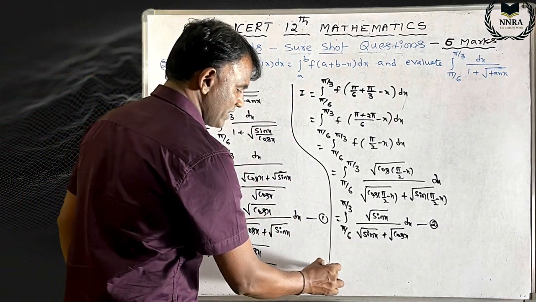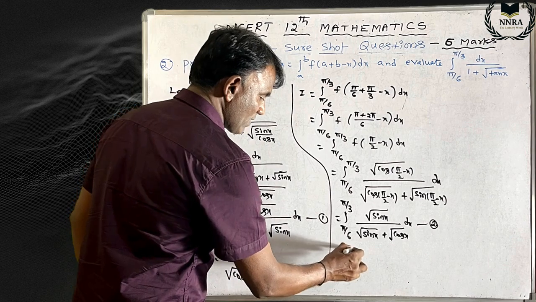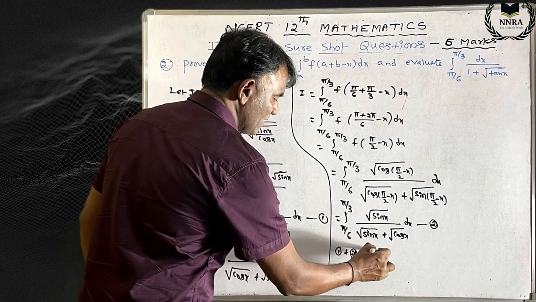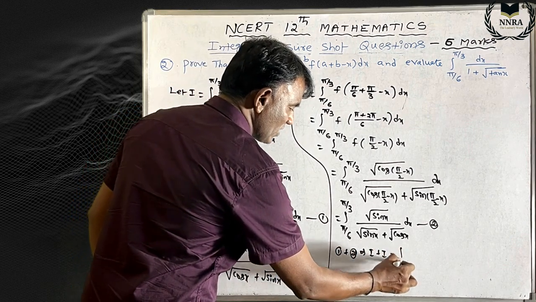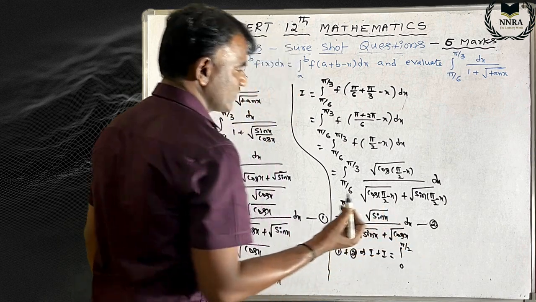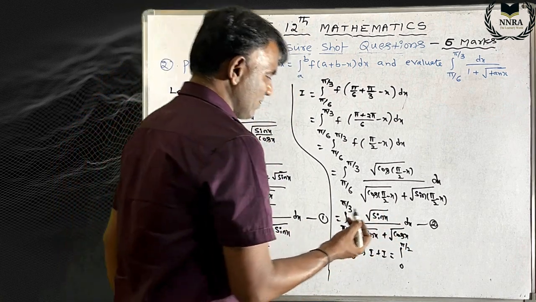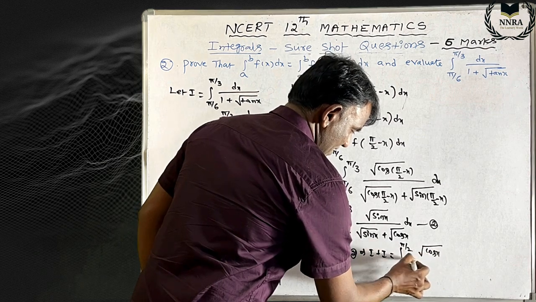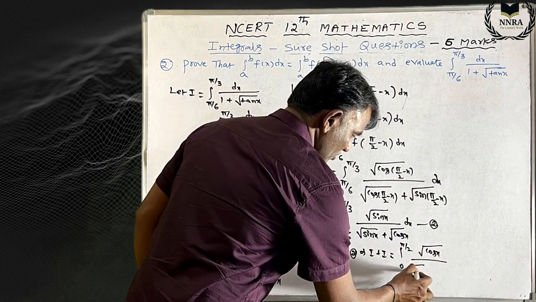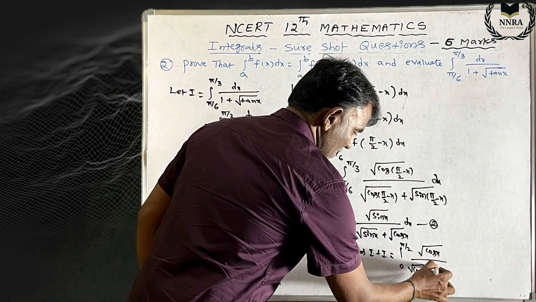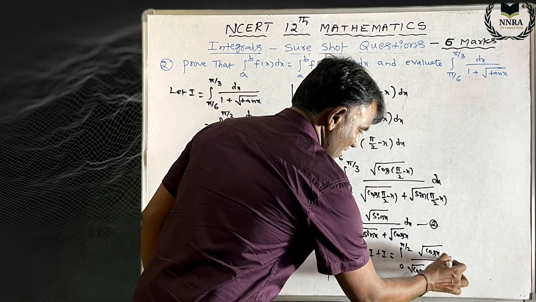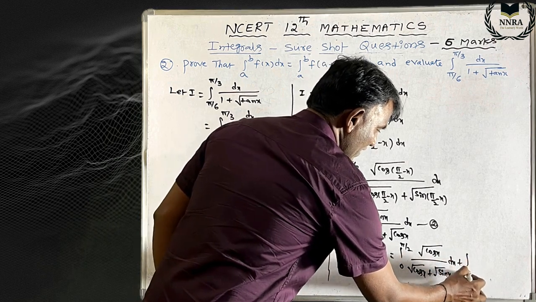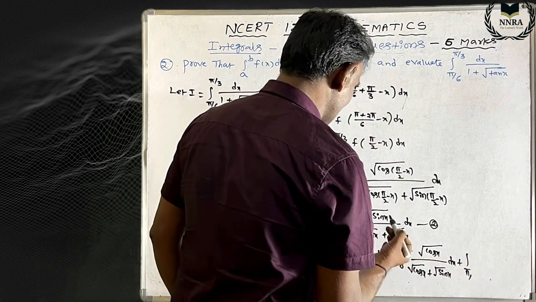Now after this, just add 1 and 2. So how to write this? I plus I. What is the first one? Root of cos x. So I am writing here root of cos x divided by root of cos x plus root of sin x into dx. Again integral pi by 6 to pi by 3.